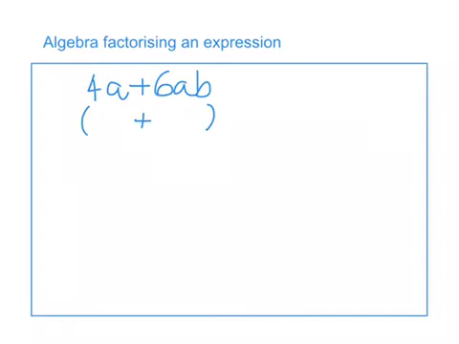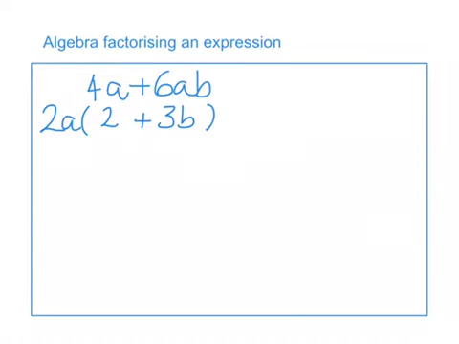So let's take my 2a outside of the bracket and then see what is left for each part inside the bracket. So 4a divided by 2a just leaves me with a 2, and then 6ab divided by 2a leaves me with 3b.